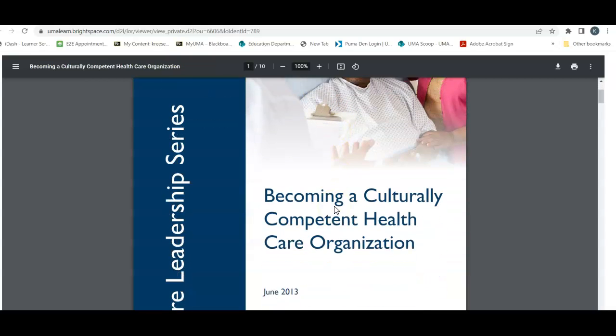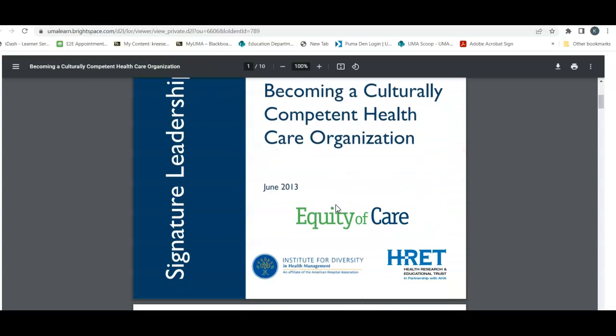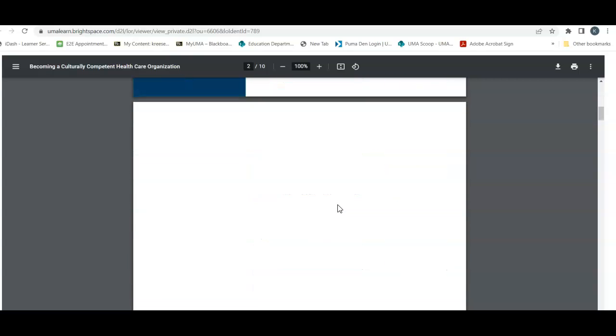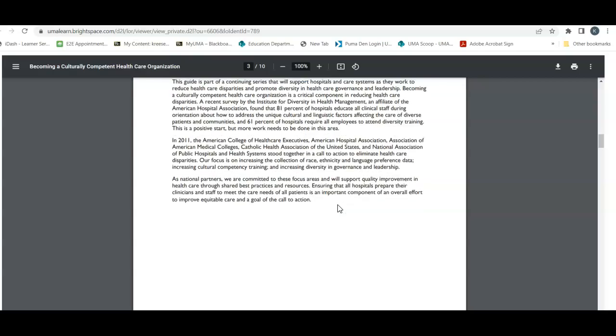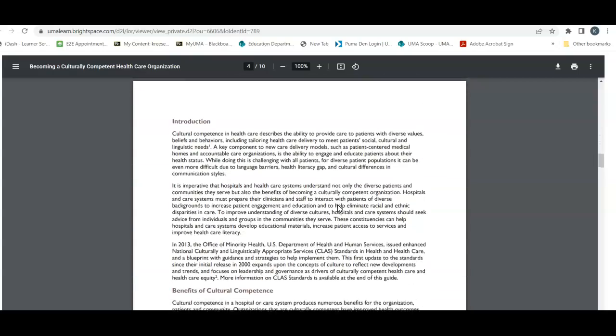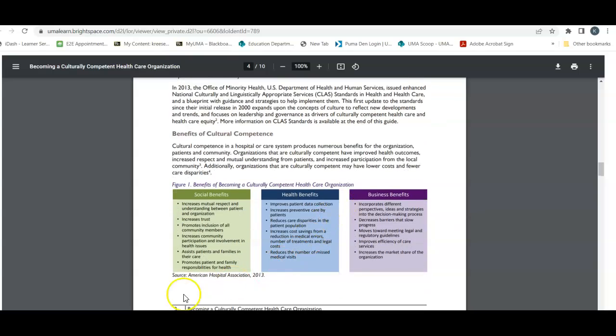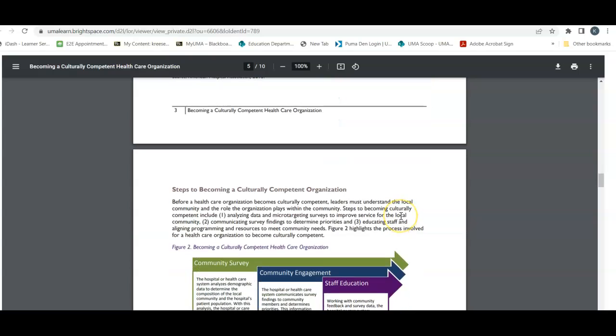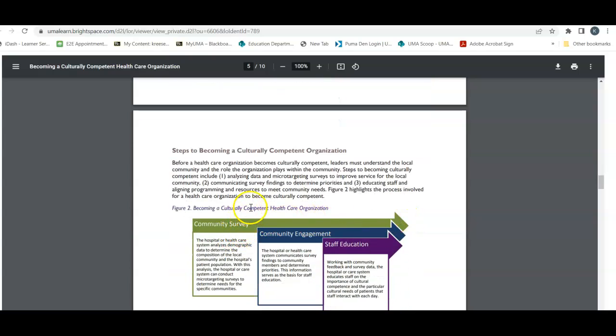So here, this is the pamphlet for that, becoming culturally competent. You want to make sure that you read through all this information, because it's going to give you a better understanding of culture and what is involved in it. We talk about the social benefits, the health benefits, the business benefits of it. And then it also speaks of the community survey, community engagement, staff education, because when you're talking about being culturally competent, you definitely want to address the majority of the people that come into your facility.